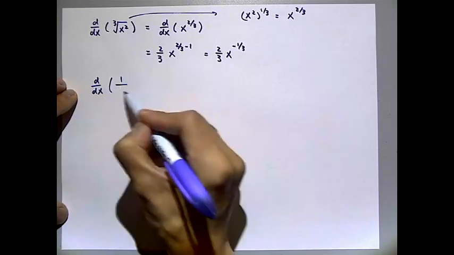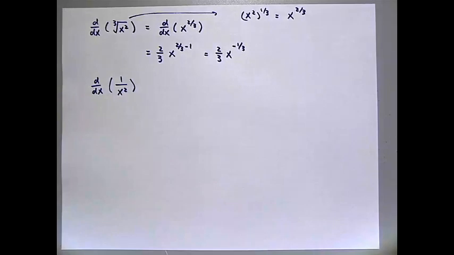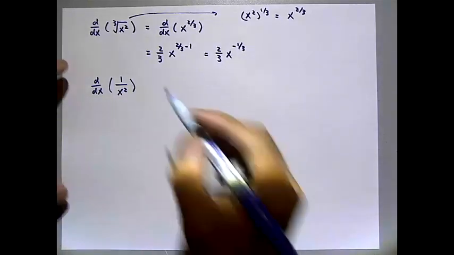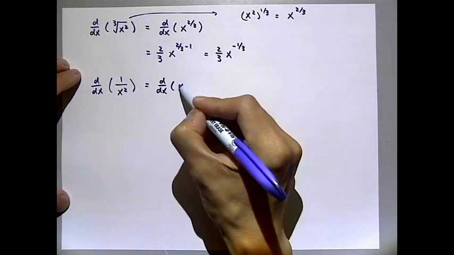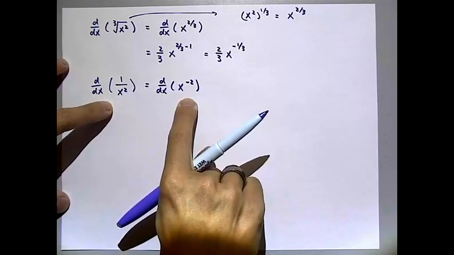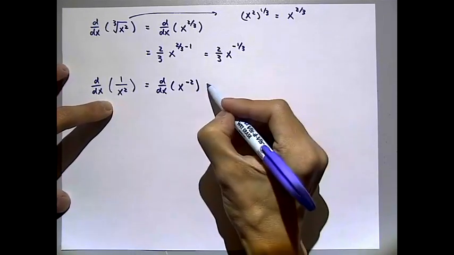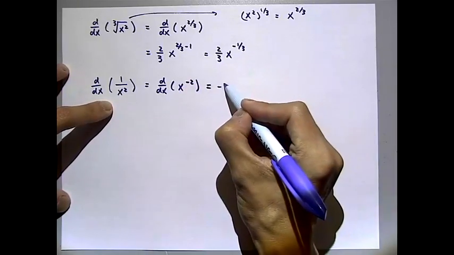And this is how you would also handle something like 1 over x squared, for example. Anything that can be expressed in the form of x to the n can be handled using the power rule. So that equivalent power for this is x to the negative 2. According to the power rule, we bring the old power to the front.